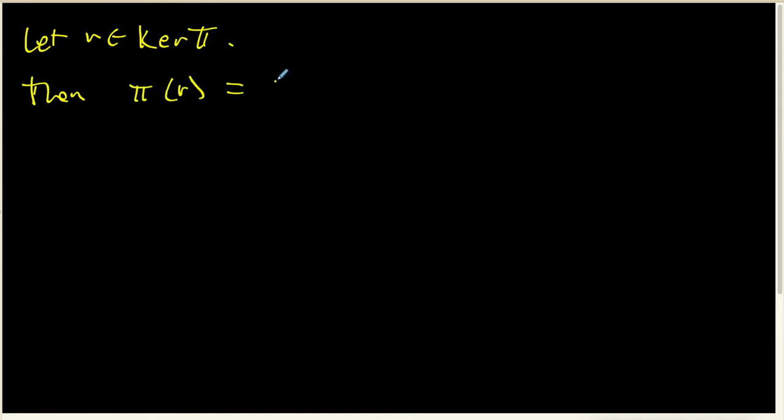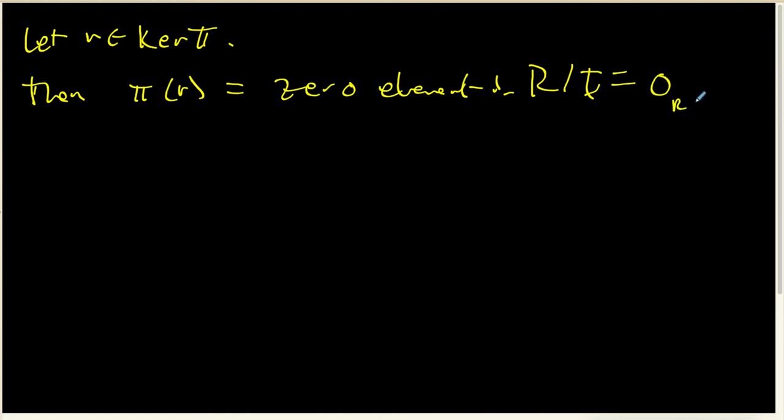Well, the first thing that I'm going to do is think about this. Let's let r be anything inside the kernel of pi. Well, what do I know? Then I know this. I know that pi of r is equal to the 0 element in R mod I. But the 0 element in R mod I is just 0 in R plus the ideal I. So what we get is this.